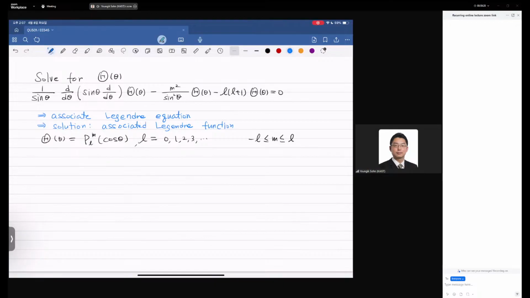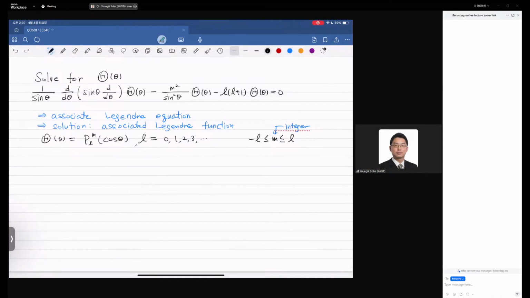And M, we know that it's an integer, so you also get L and M's relationship. You need to satisfy that condition to get the solution. It's a result of mathematical structure. And then that P_LM is what function?